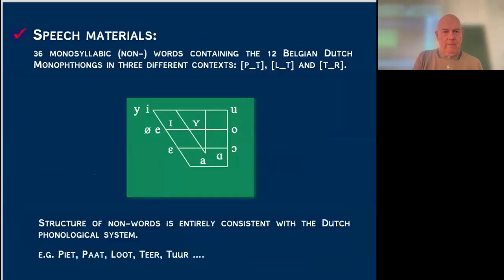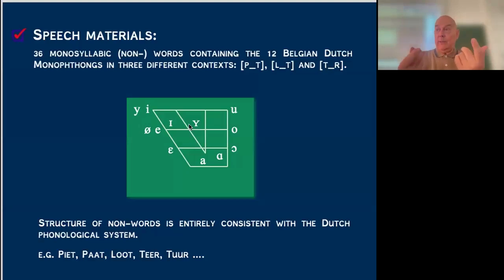Okay. So we collected speech materials from those children. We created monosyllabic non-words in Dutch, 36 of those, containing the 12 vowels of Belgian Standard Dutch. So we had a sort of carrier environment, herte, lete, tere, so different phonetic environments.